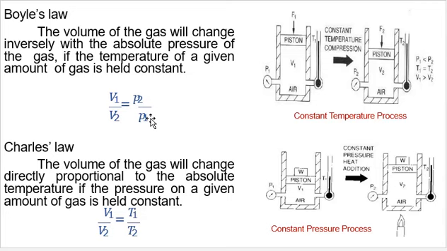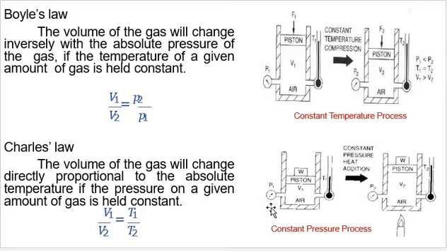Then next is Charles' law. Charles' law states that if the pressure on a given amount of gas is held constant, the volume of the gas will change directly in proportion to the absolute temperature. So in the case of Charles' law, constant pressure heat addition takes place. Heat is added, and obviously V1 is less than V2, because due to the heat addition the volume changes.